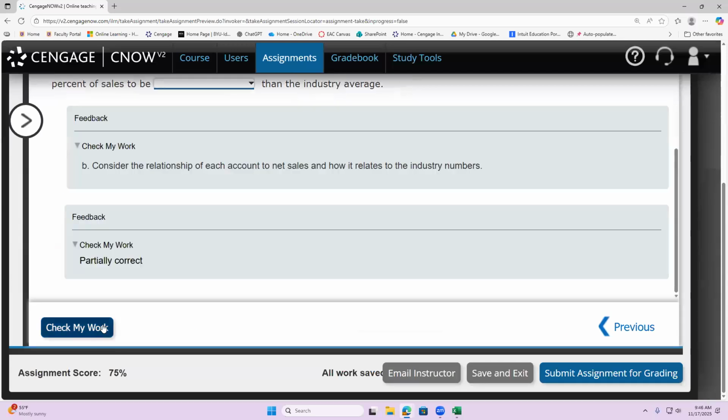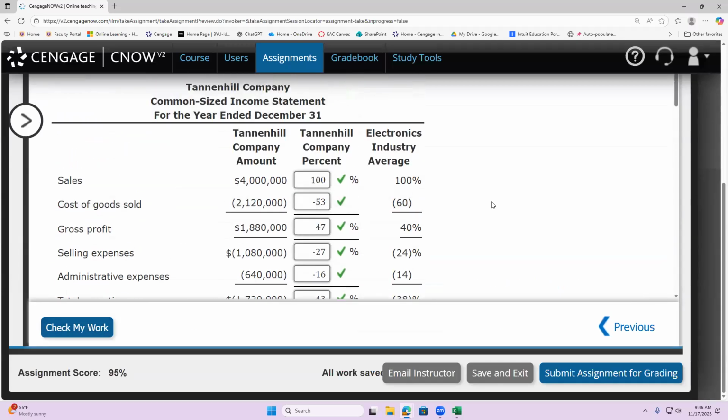Use a check here just to make sure. Once we have all that in, we can look at it and make comparisons.